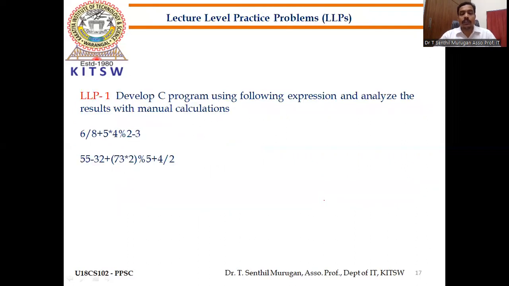You can develop a C program to perform this operation. Finally, you can compare the manual calculation with the output received from the C program and analyze the output against your answers.